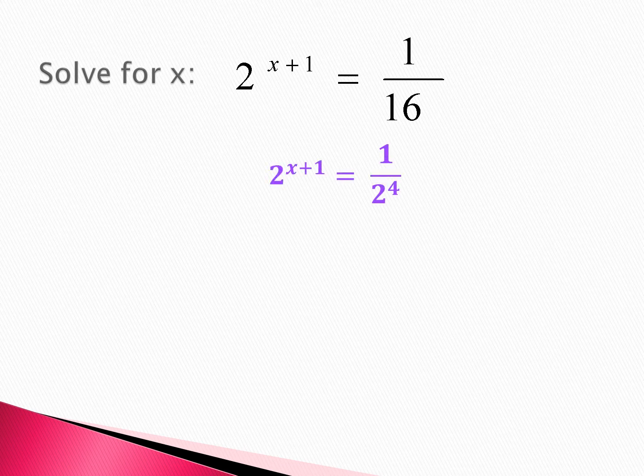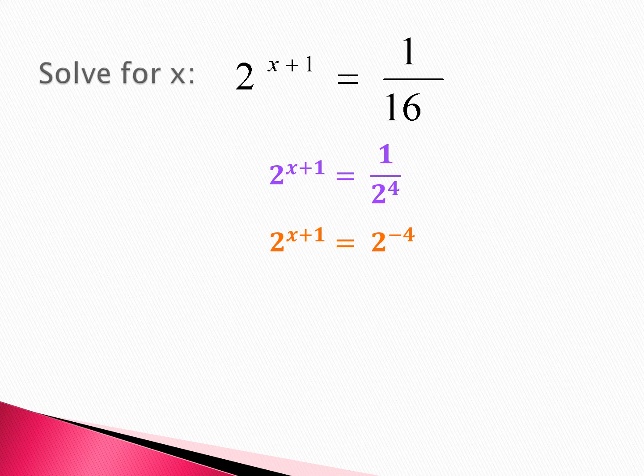So 2 to the x plus 1 equals 1/2 to the 4th. But they have to be on the same level, so I need to send that 2 to the 4th up to the numerator. Well, he's crossing that fraction bar, so he goes from positive to negative. So that becomes 2 to the x plus 1 equals 2 to the negative 4.